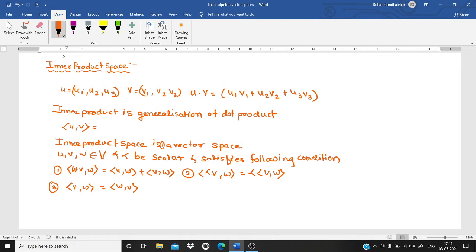The third property is the inner product of v with w is the same as the inner product of w with v, that is, it is commutative. And the fourth one is very important.